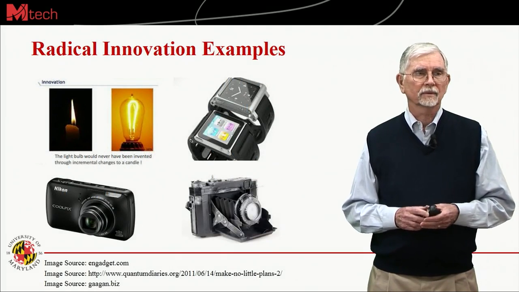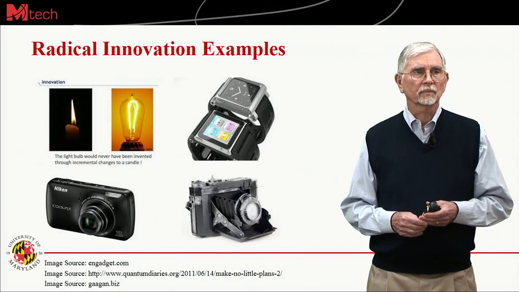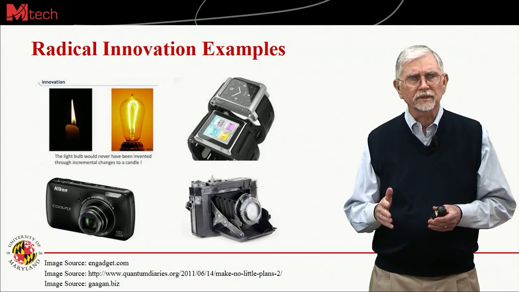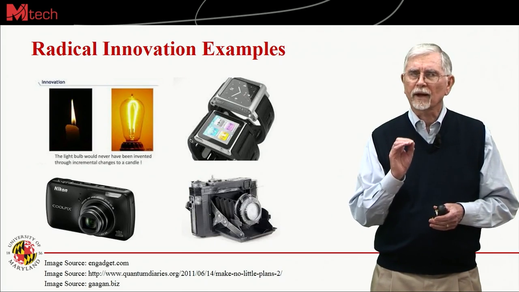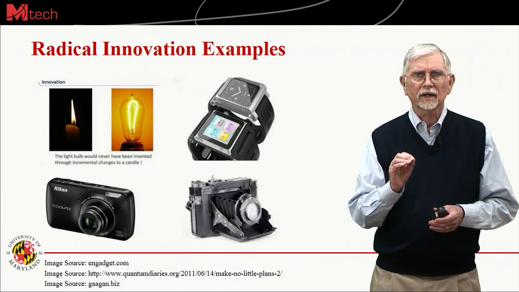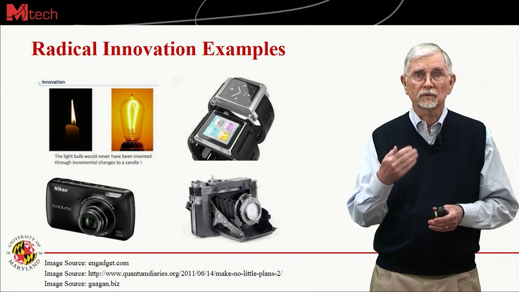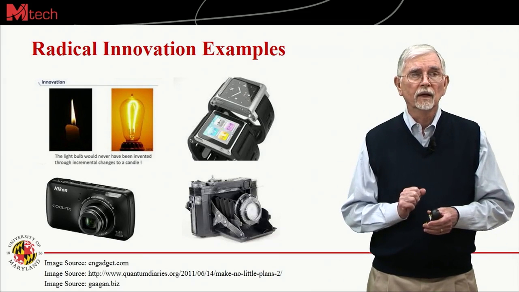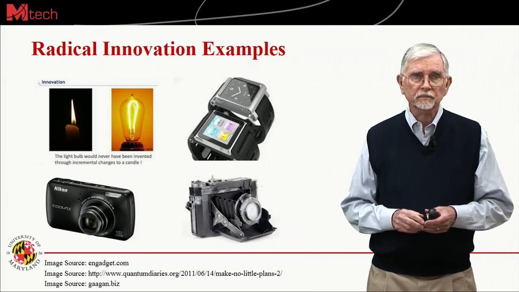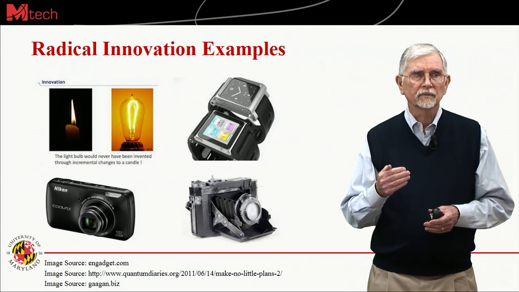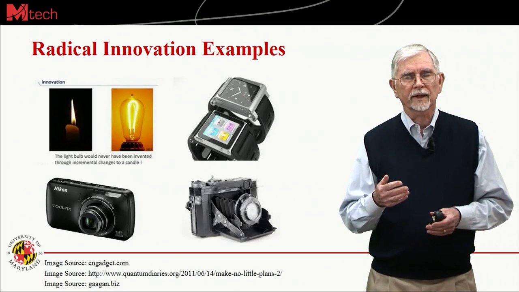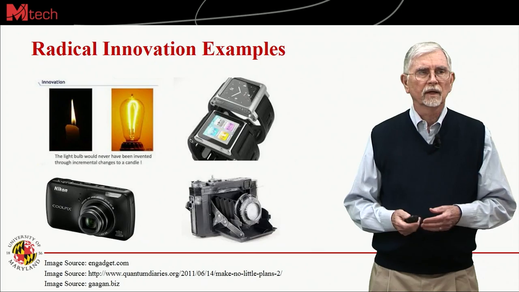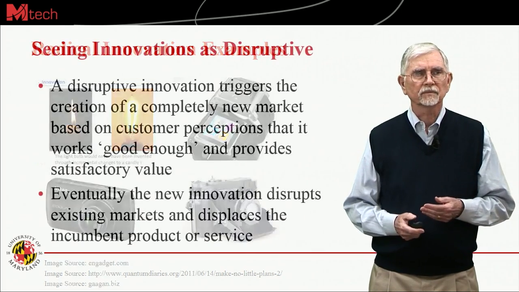A very simple example in the upper left is the candle and the light bulb. That's an old example, but it is an example of a radical innovation. We're not using candles anymore. We're using light bulbs, and pretty soon we're going to use other forms of incremental innovations to light bulbs. And cameras: we went from film, black and white film, to color film, to digital cameras. Those are radical innovations.